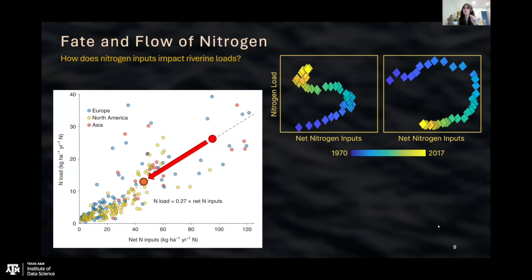So there's this disconnect. We're putting the same amount of nitrogen in our watersheds and on the landscape, but we're seeing load respond in a weird way.